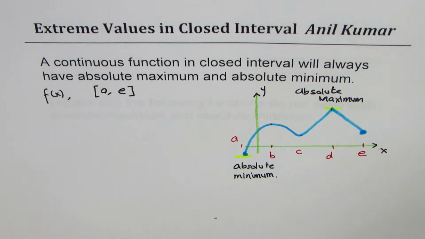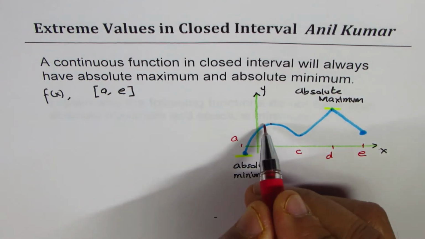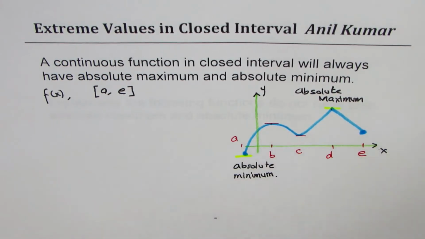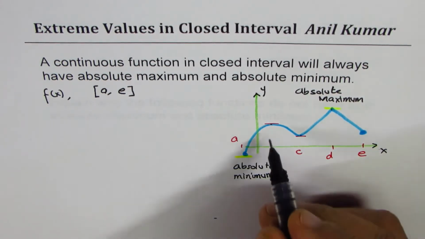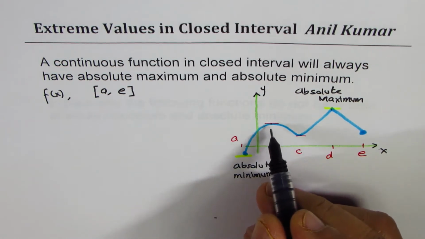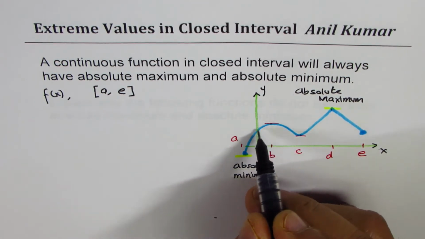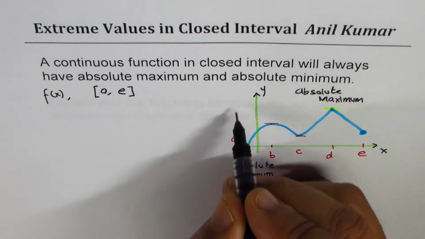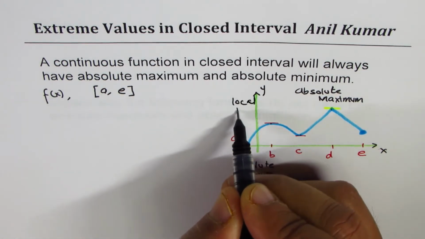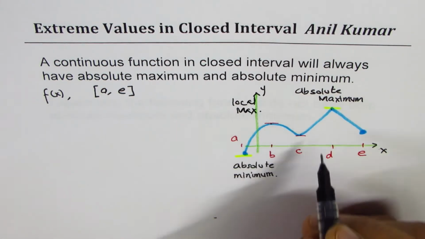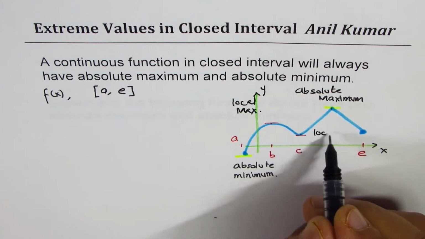So these are our extreme values, correct? We do have a few local maximum minimums here, one of each kind. This is a maximum in a small vicinity. We call this local maximum.